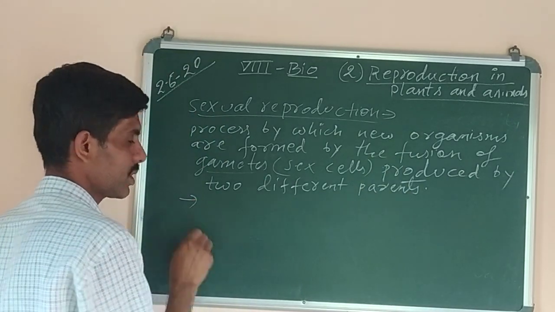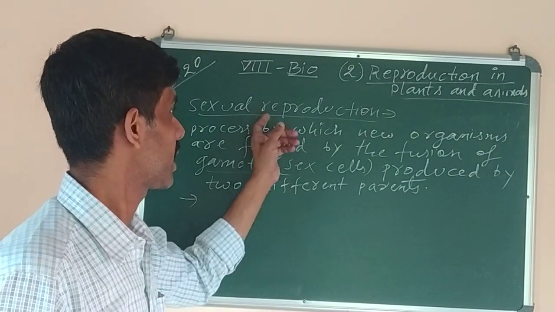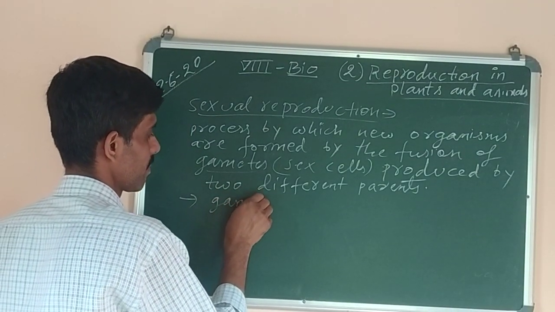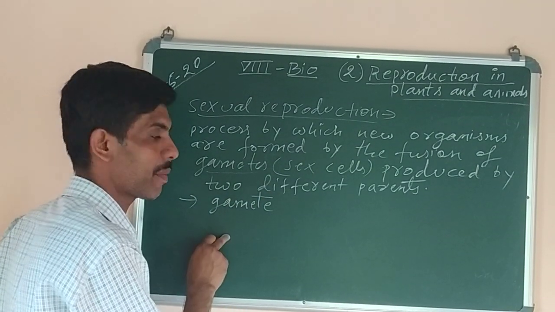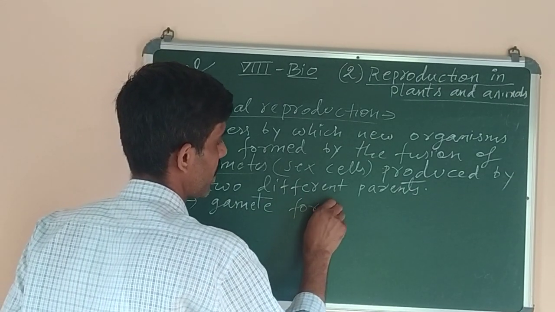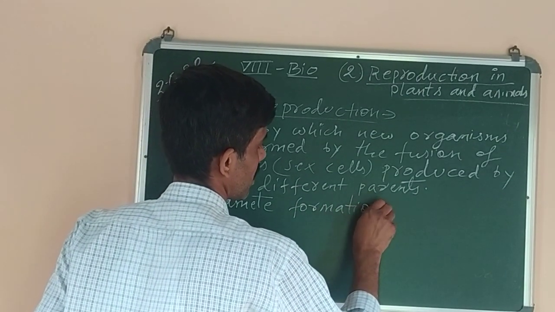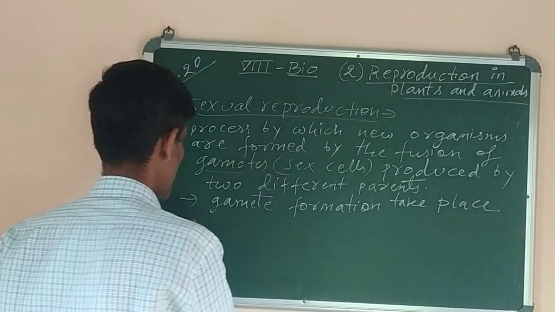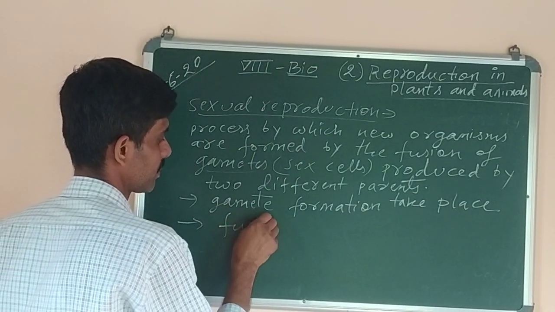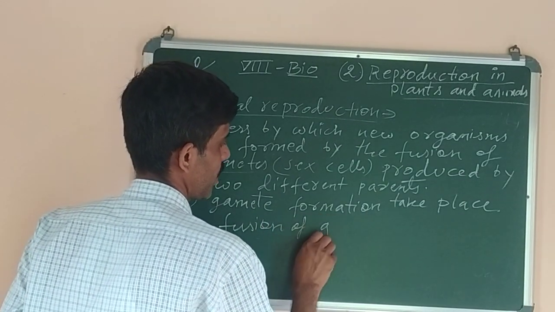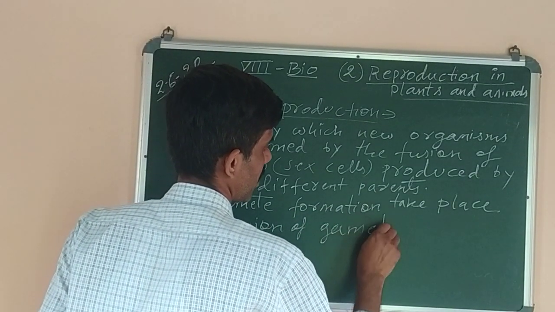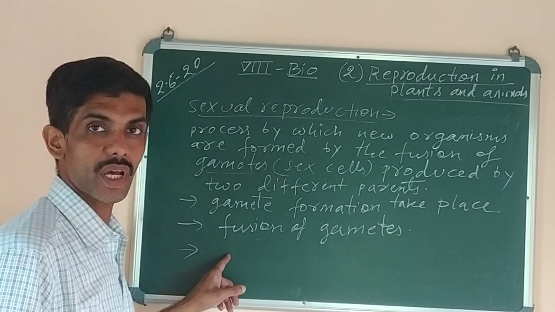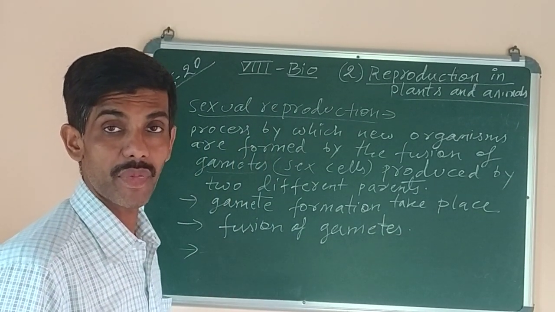So gamete formation is required in case of sexual reproduction. In asexual reproduction there was no gamete formation. Here the gamete formation takes place. There is the fusion of gametes also. Fusion means the union of gametes, and the organisms which are produced show variations.